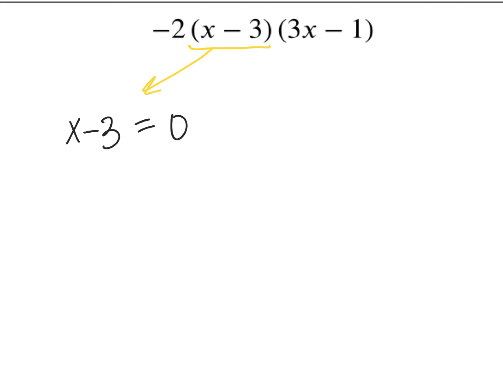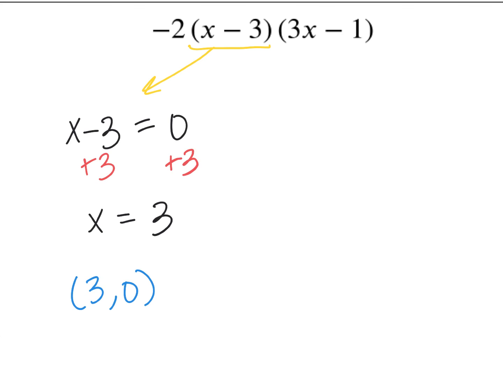So to get x by itself, we're going to add 3 to both sides. And we have x is equal to positive 3. This time we don't have to divide because the coefficient of x is just 1. So the solution, or the x-intercept, would be (3, 0).